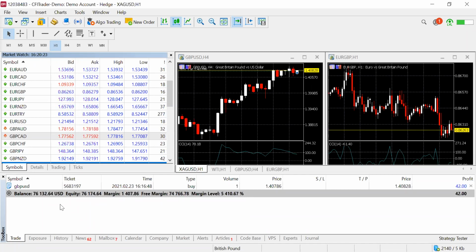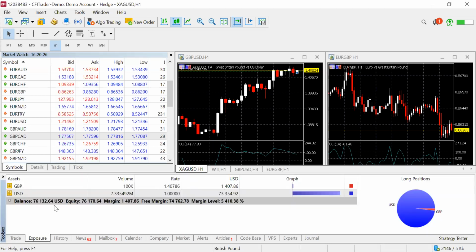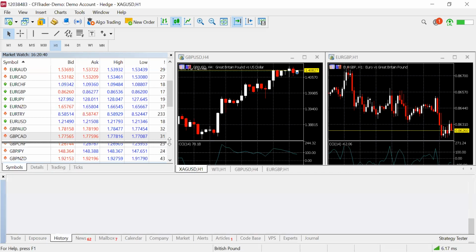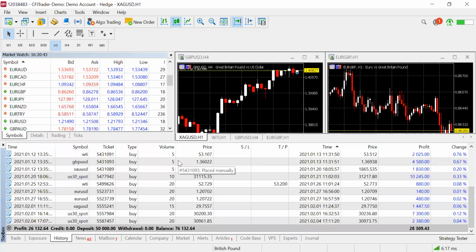So this is the trade window, and then you have another option, which is the exposure, and that will simply give you an indication of your current exposure in the markets. History: in here you can customize how you want to see your trades, so you can lower or raise the view for a better look.